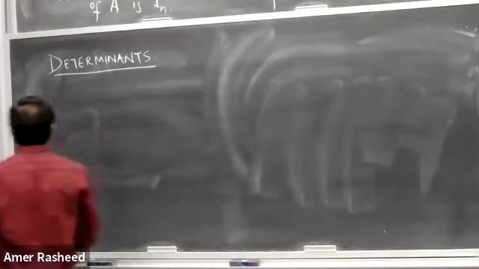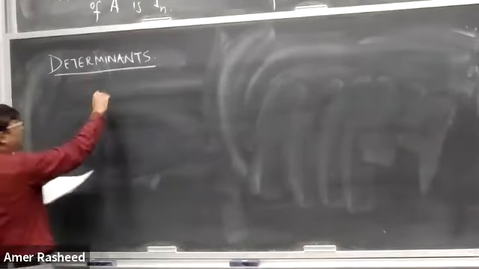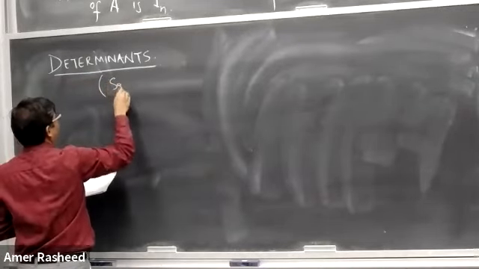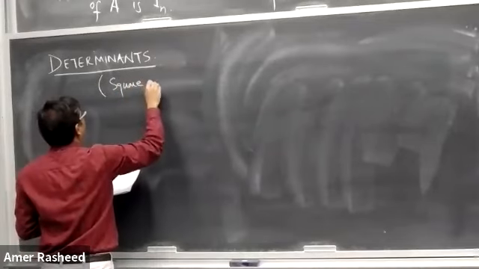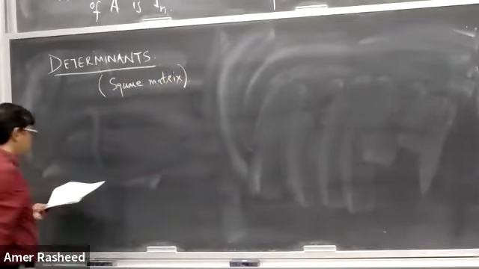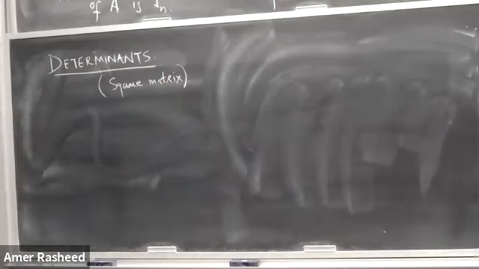One thing you should know is that determinants can only be found of square matrices, not of rectangular matrices. The matrix should be square. This is the mandatory condition.